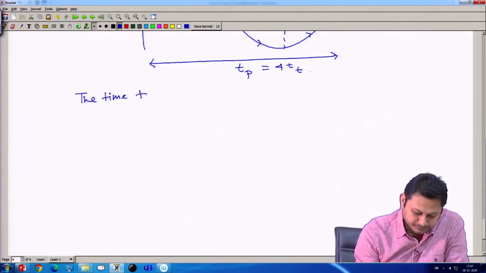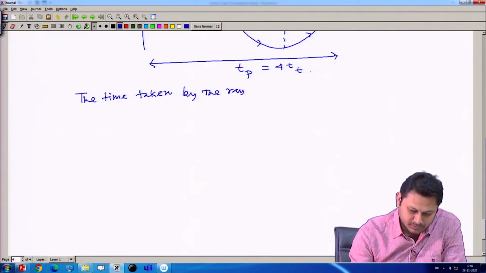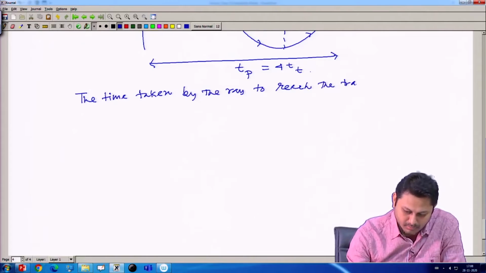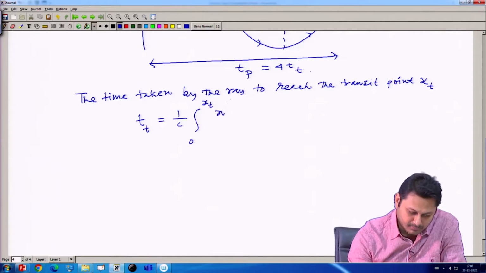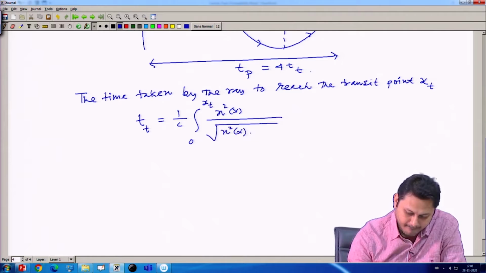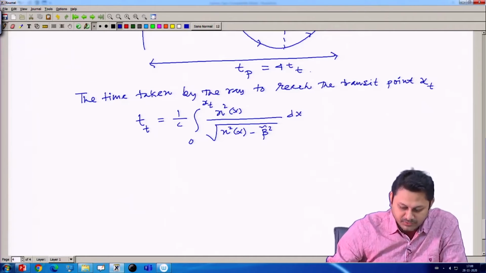The time taken by the ray to reach the transit point x t is Tt equal to 1 divided by c, integration from 0 to the point x t, of n square x dx.